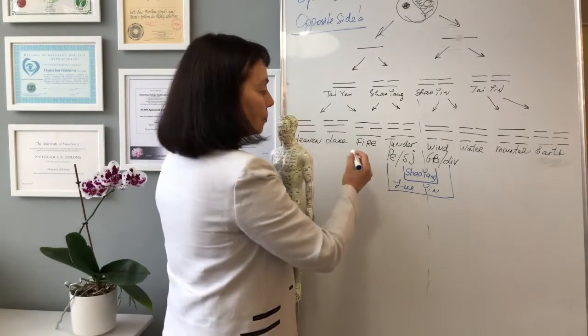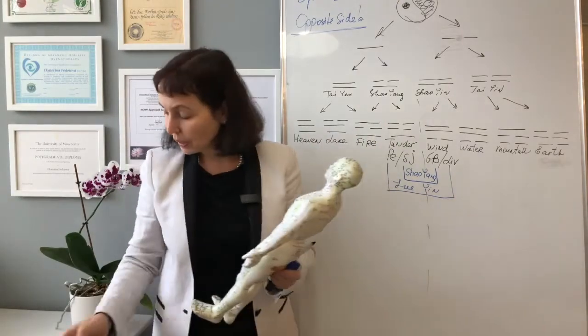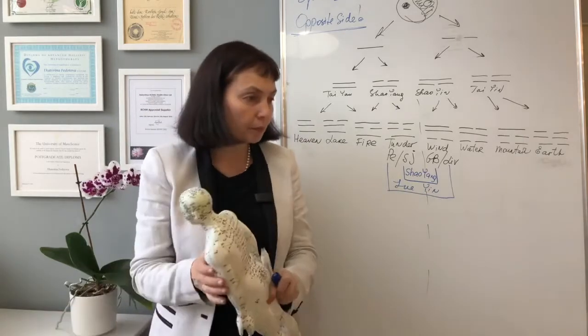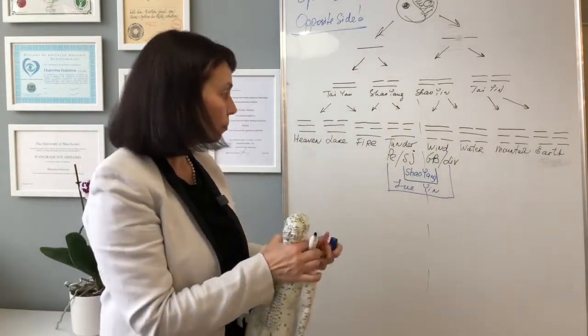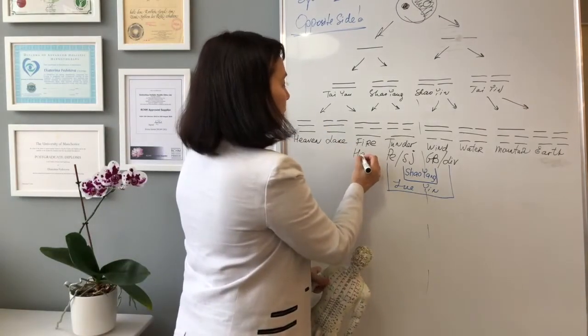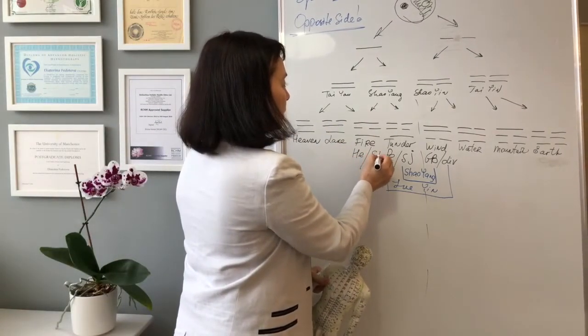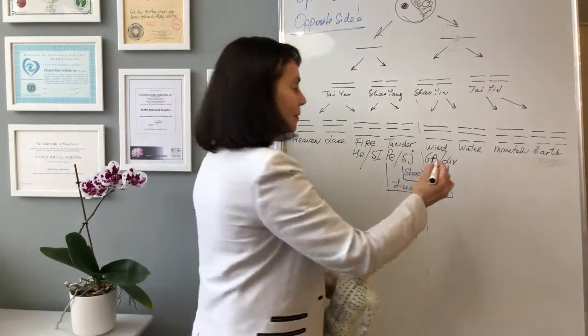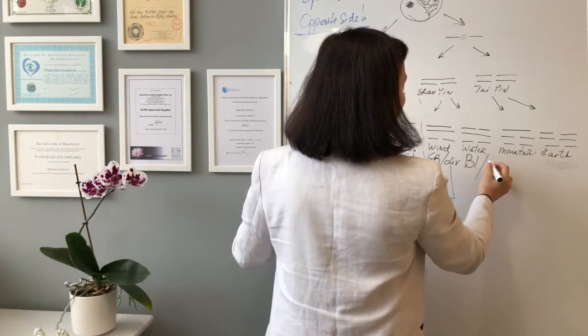Let's carry on. Which meridians represent fire? Definitely heart and small intestine. And what about water? Yes, bladder and kidney.